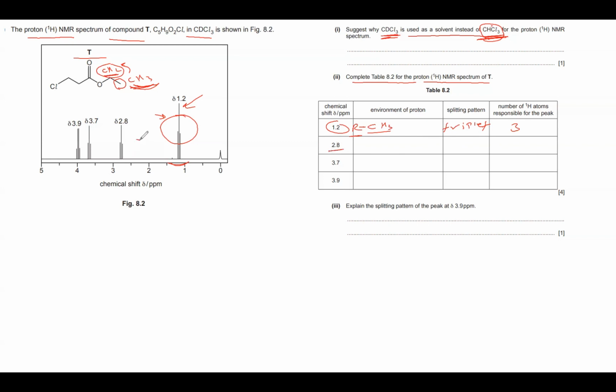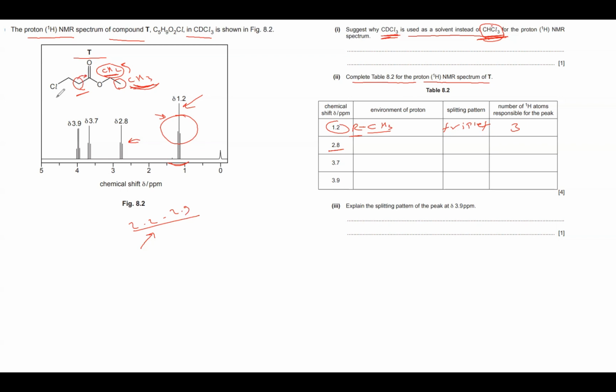For 2.8, this peak is also a triplet. And look, guys, whenever we have the area between 2.2 to almost 2.9, this area belongs to hydrogens whose carbon must be connected to a carbonyl group. So anything within this area, we have something connected to a carbonyl group, which is here, this CH2. The carbon of these hydrogens is connected to carbonyl.